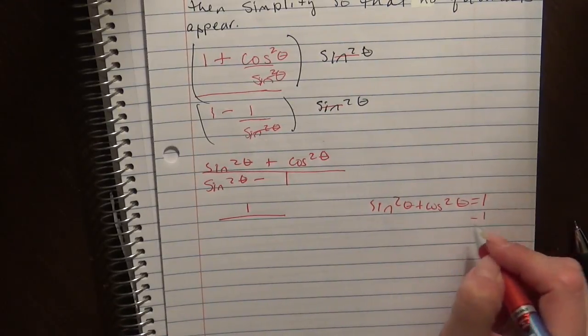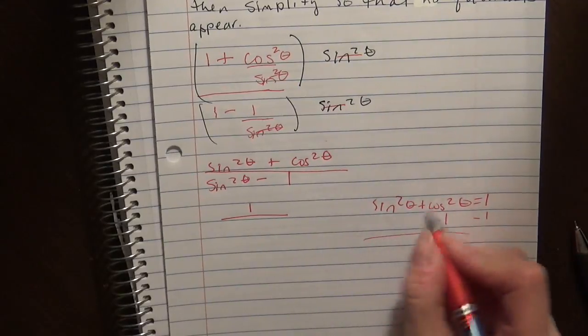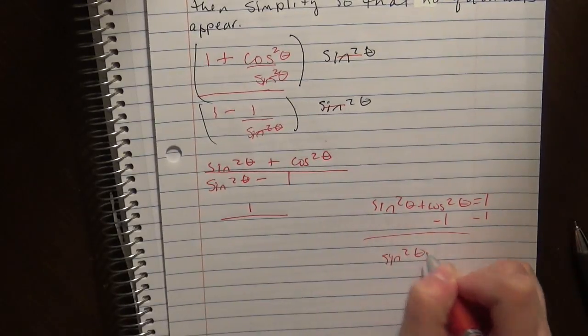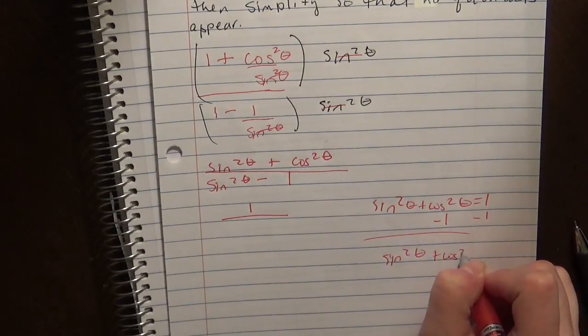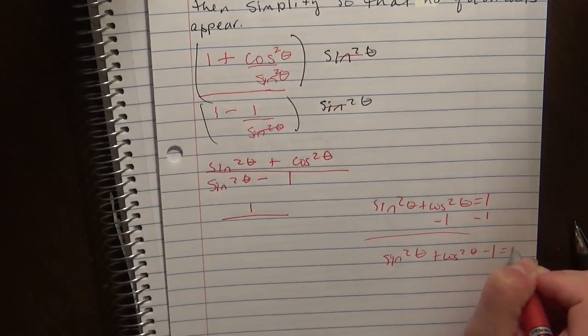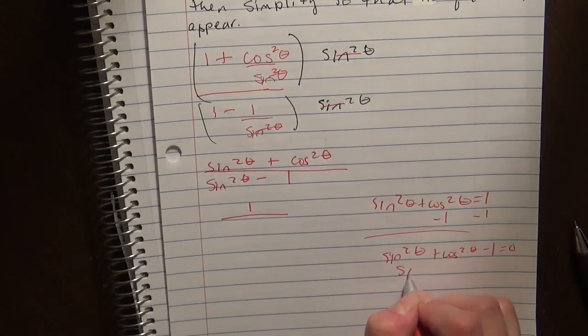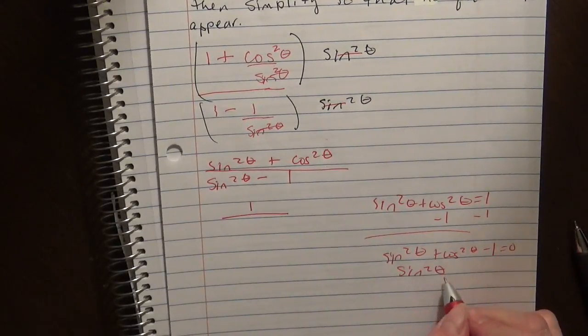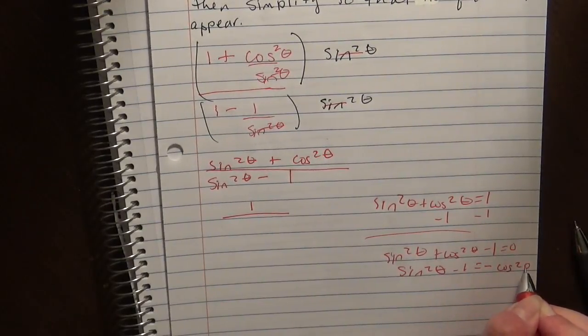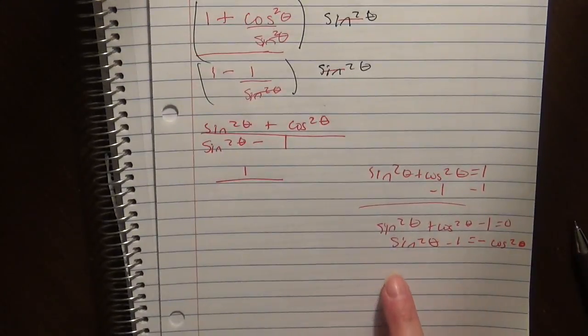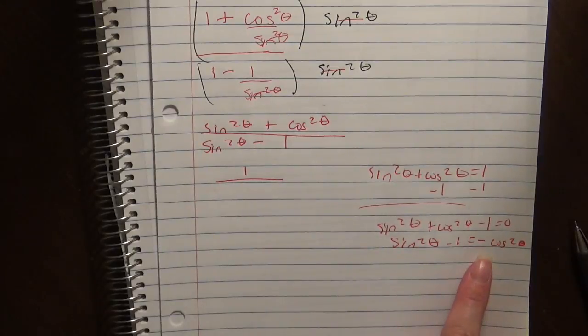If we subtract 1 here and here, and then subtract cosine square, you find that sine square theta minus 1 is equal to negative cosine square. So this sine square theta minus 1 that you have in this denominator can be replaced with negative cosine square theta.